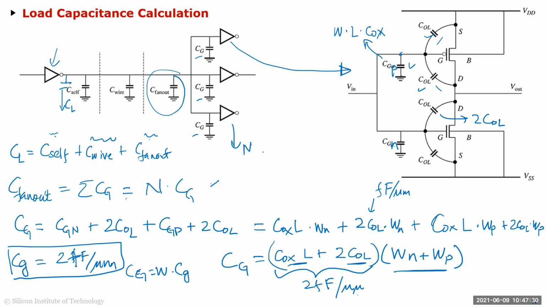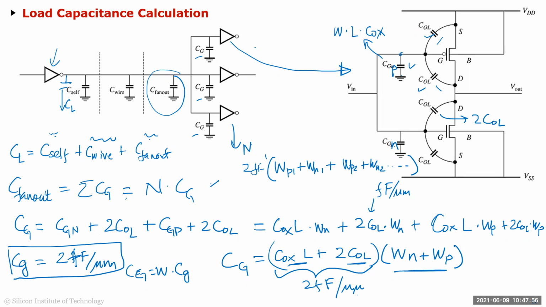Okay. And similarly, for other gates, like if you have a NAND gate, this is going to be 2 femtofarad times the WP1 plus WN1 plus your second gate will be whatever WP2 plus WN2 and so on, right? So you just keep adding them.